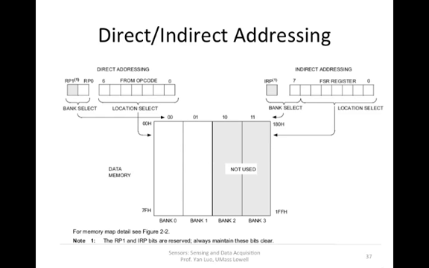In the PIC microcontroller, there are two ways to specify: either direct addressing or indirect addressing. In direct addressing mode, the way to specify the location is to use the bank select value coming from the status register and the location. To put it simpler, we select the bank by taking these two values, so we know which bank.